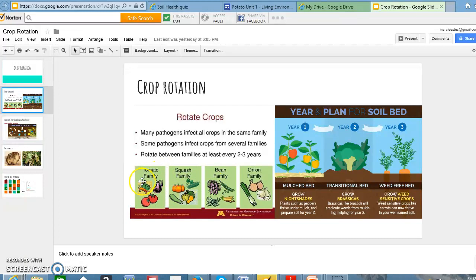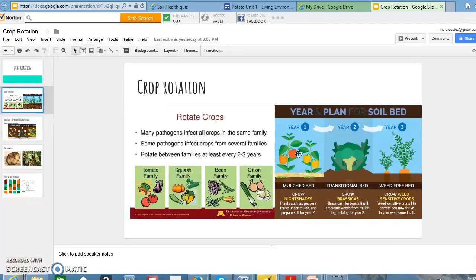So we have the tomato or nightshade family, the squash family or cucurbitate, bean, and onion. And what we mean by rotating crops is that each year we plant a new vegetable from a different family in the same spot. Okay, so for example, the first year in our garden, we could plant tomatoes.